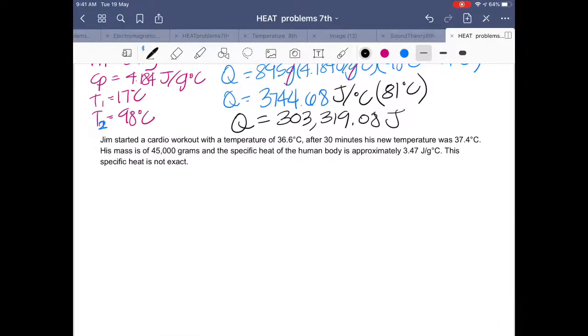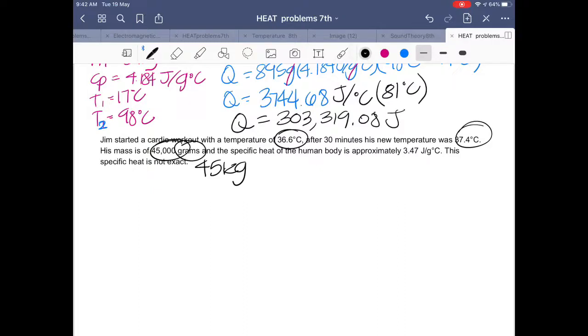Now this one, pay a lot of attention, because this is more or less what has to do with tomorrow's project. Jim started a cardio workout with a temperature of 36.6 degrees Celsius. After 30 minutes, his new temperature was 37.4 degrees Celsius. His mass is 45 kilograms, but I need it in grams, so that's why I changed it.